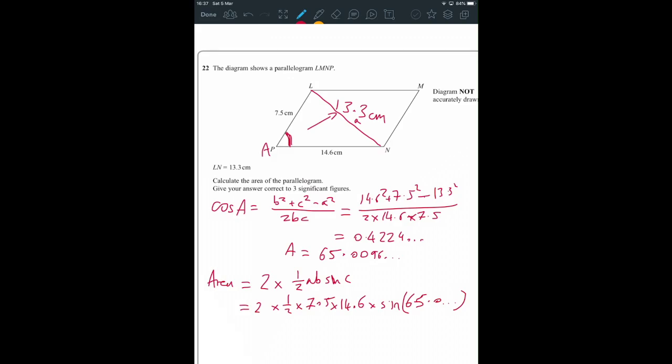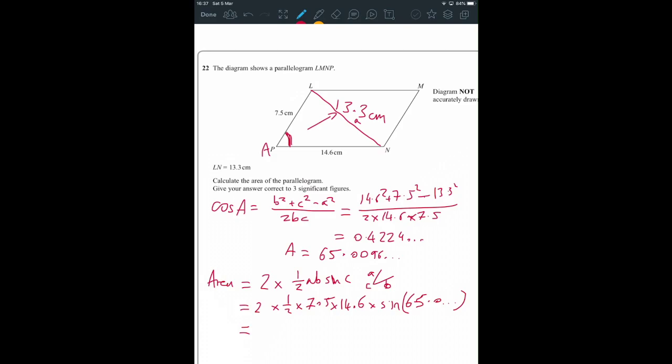This formula is mostly used when you have this side angle side set up. So I have really relabeled the triangle quite sneakily in my head there.